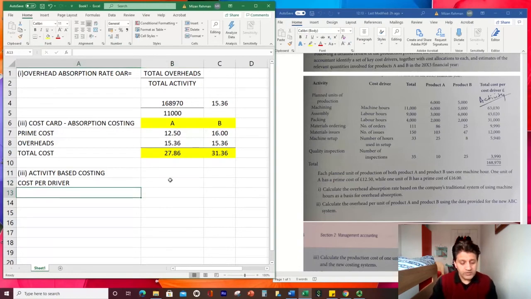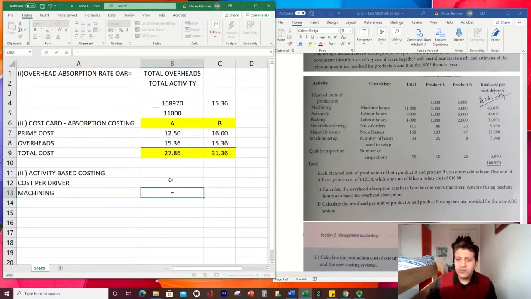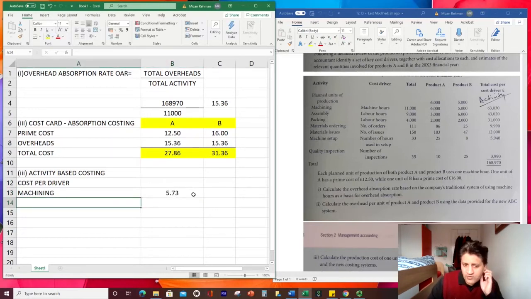So our first pool is machining. For that, I'll take the cost of 63,030 divided by 11,000 hours. So this gives us the rate, which is £5.73. So every time a product uses 1 hour of machine, we will add £5.73 to its cost.